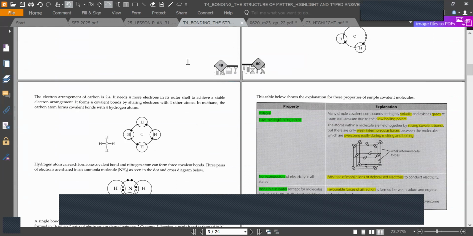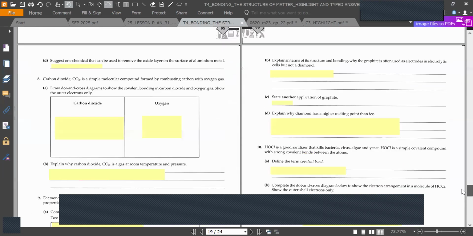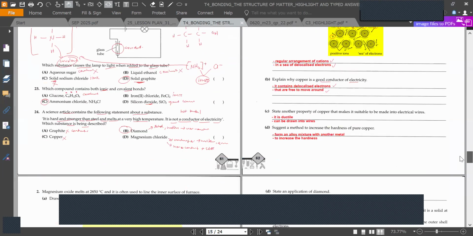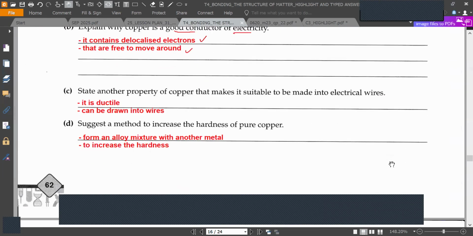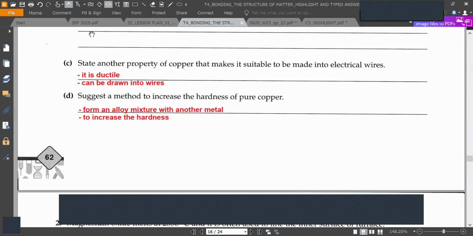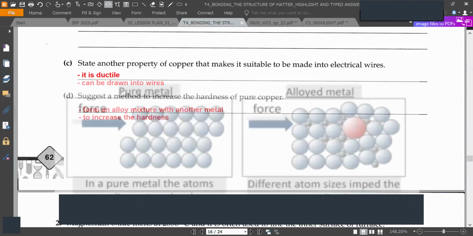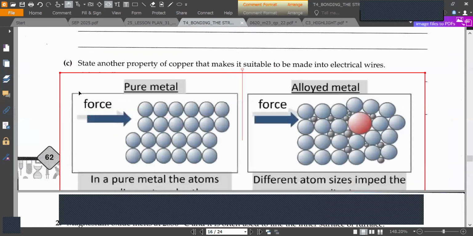Uh, yes, this one. Okay, okay. Now we try to like understand, okay, why alloy have they are harder. Okay.